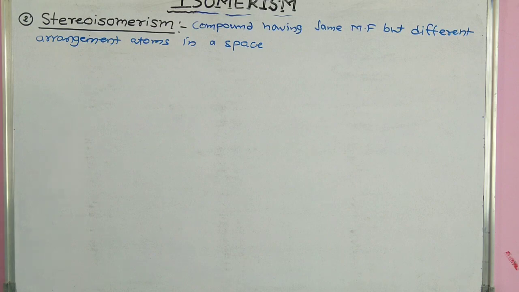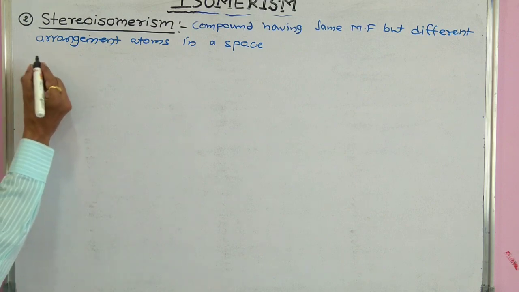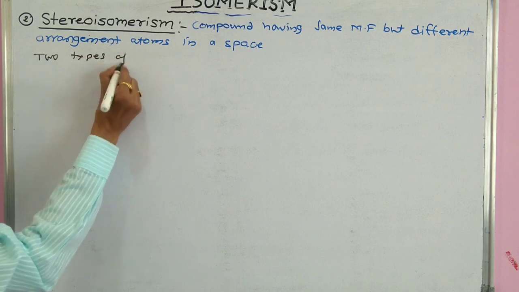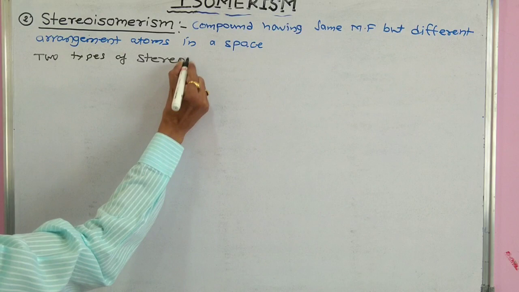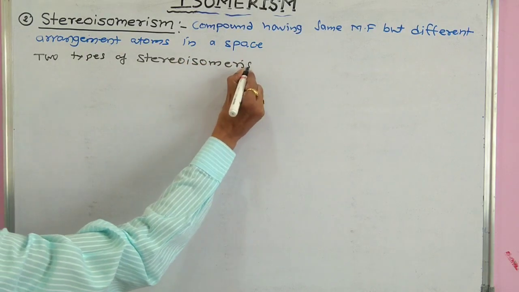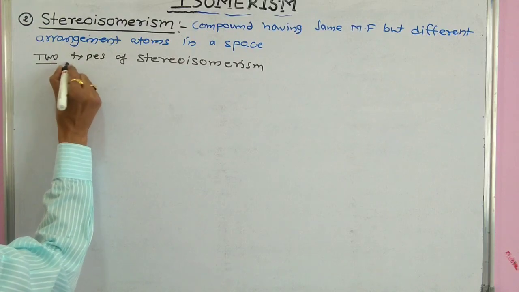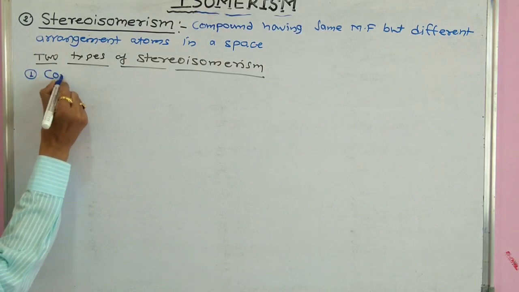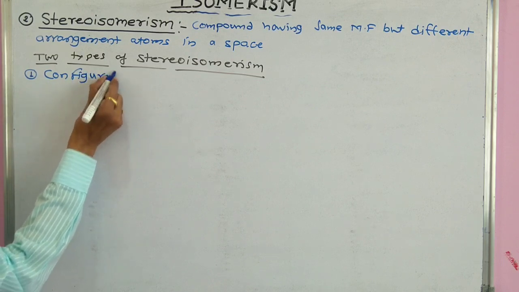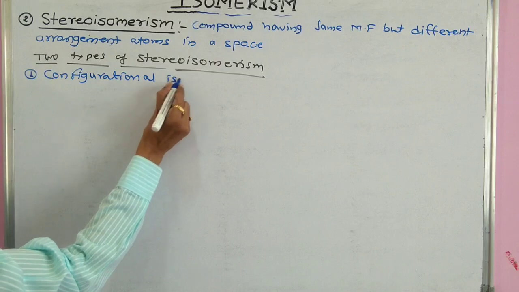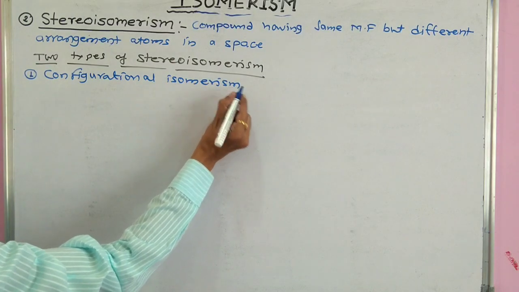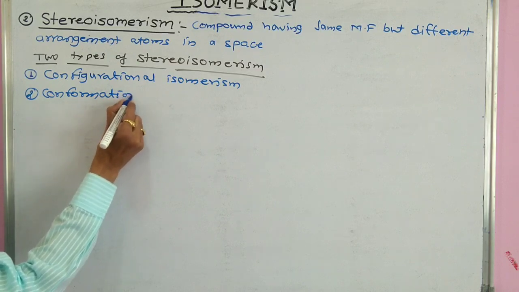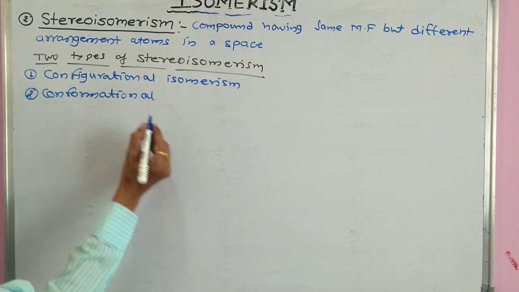Now, stereoisomerism is of two types. Number one, configurational isomerism, and number two is conformational isomerism.